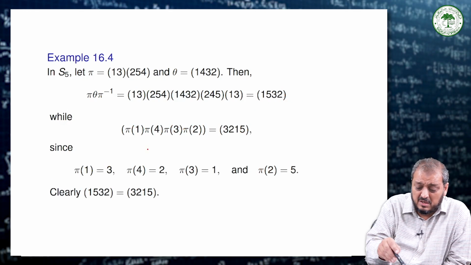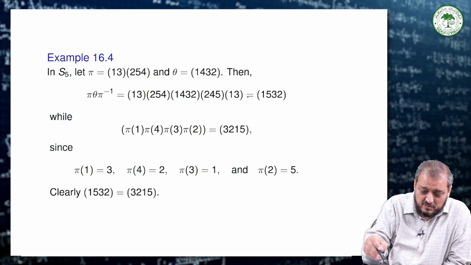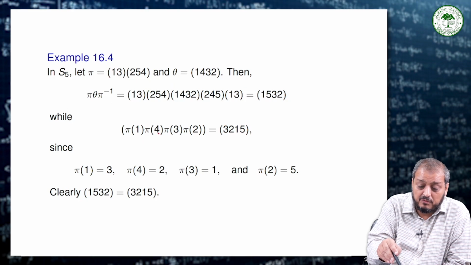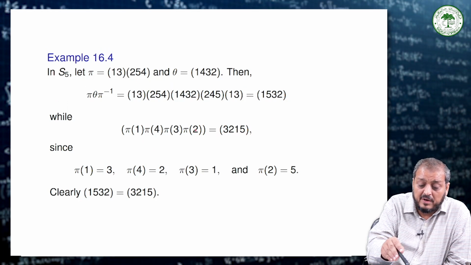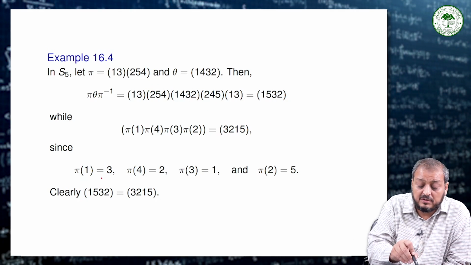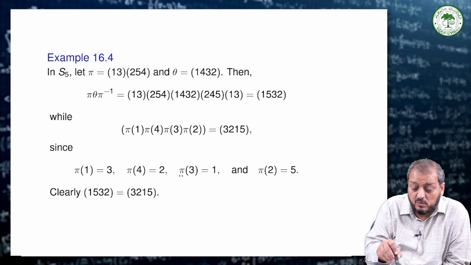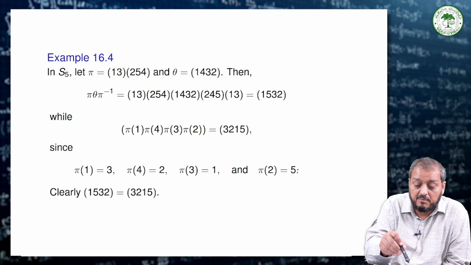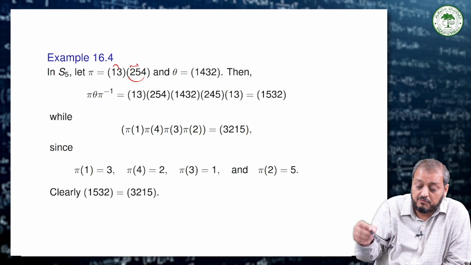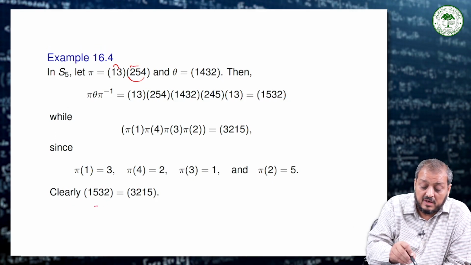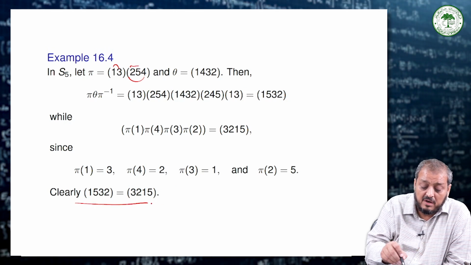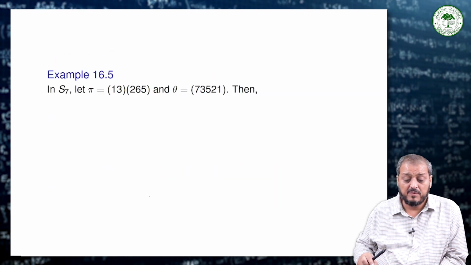In this form we write pi of 1 is equal to 3, pi of 4 is equal to 2, pi of 3 is equal to 1, pi of 2 is equal to 5. So similarly, clearly this (1 5 3 2) can be written as (3 2 5 1). These are the same by the property.